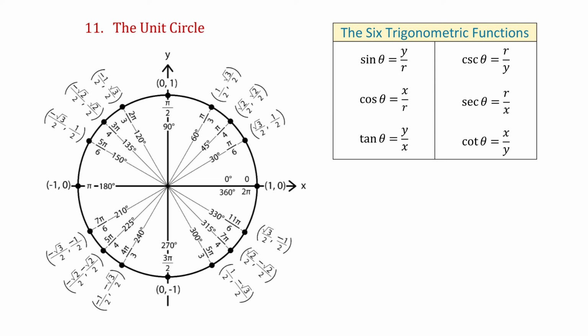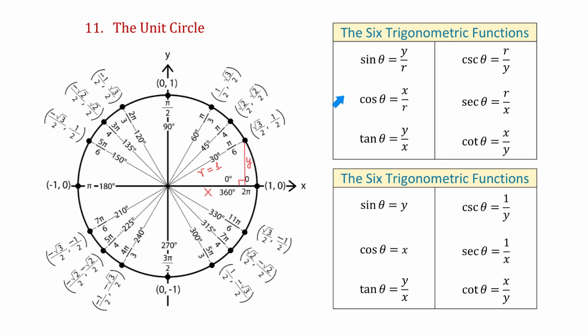If we pick a point on the unit circle, for example this one, and we draw a perpendicular down to the x-axis, then we will form a right triangle. In this triangle, this side is x, and it is square root of 3 over 2. This side is y, and it is 1/2, and the hypotenuse r equals 1 because the radius of this circle is 1.